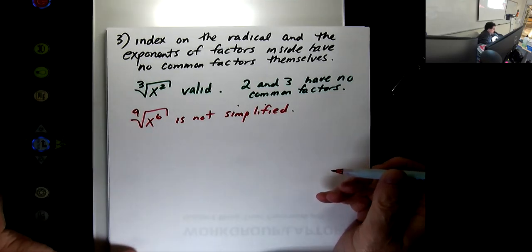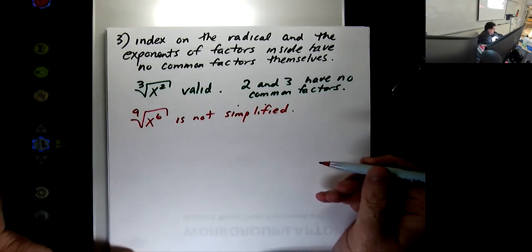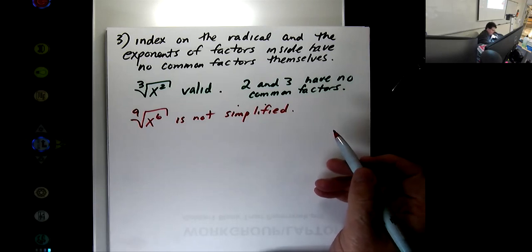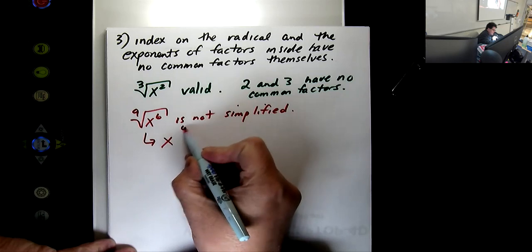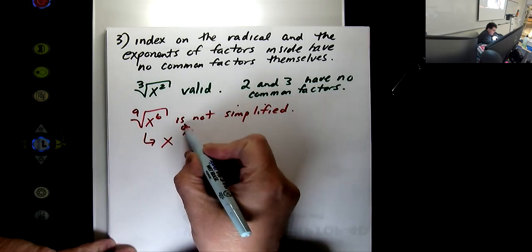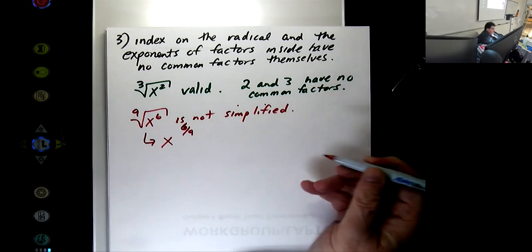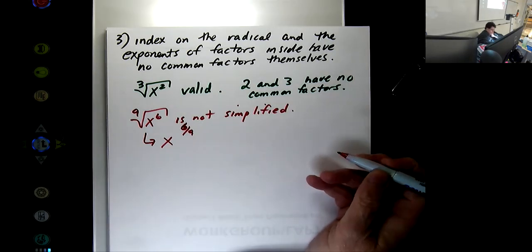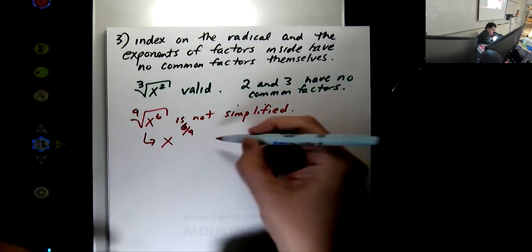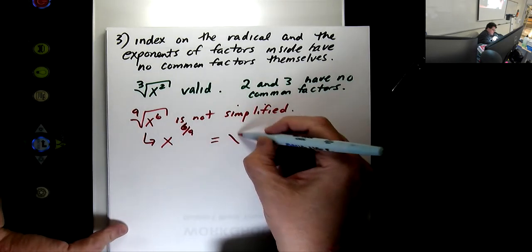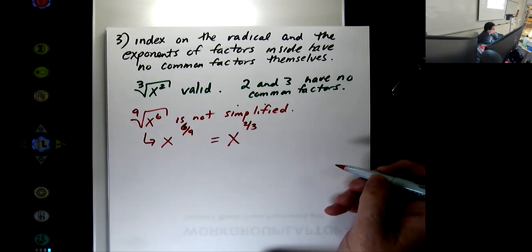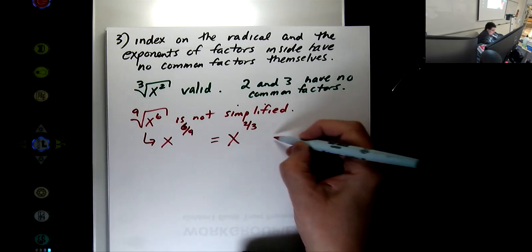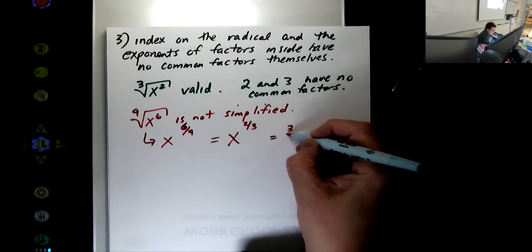This is kind of where you have to use the fractions as an exponent. This is x to the 6 over 9, and 6 over 9 simplifies to 2/3. Now I can put that back in the radical: the cube root of x squared.